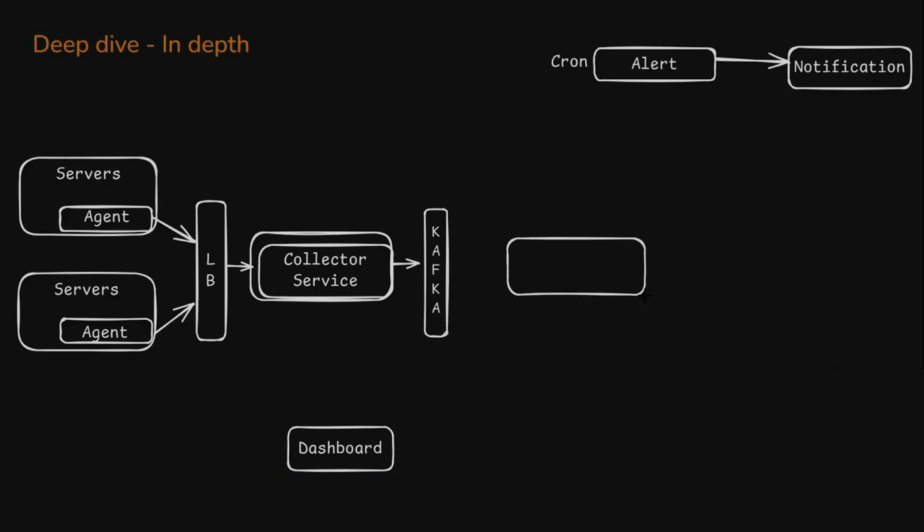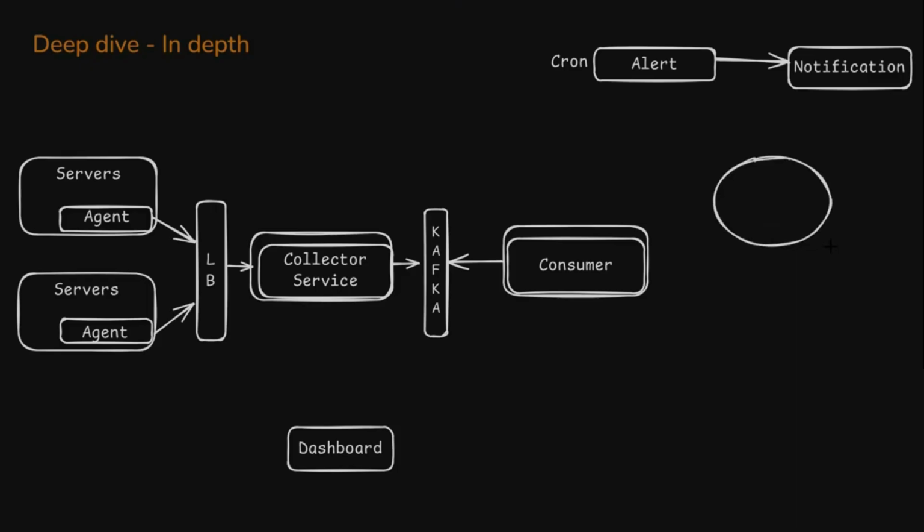This service would be the consumer. These consumers would be a consumer group, a cluster of Kafka consumers, which is nothing but a set of services consuming these Kafka messages and storing them into a database.